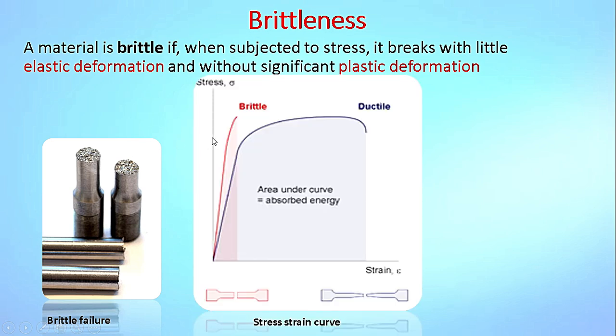Here in this figure we can see a stress-strain diagram. Here the brittle material fails suddenly, but in the case of a ductile material it absorbs more energy, and we can get an idea that the material is going to fail.